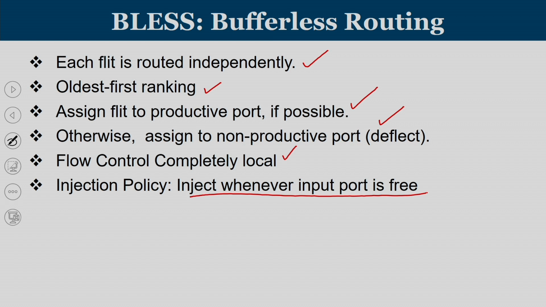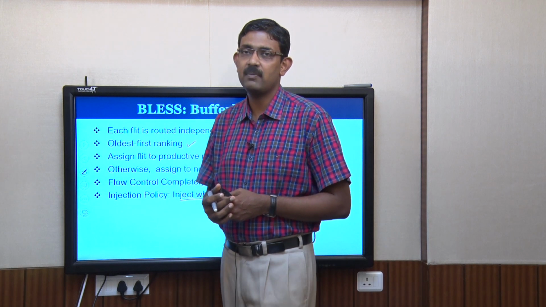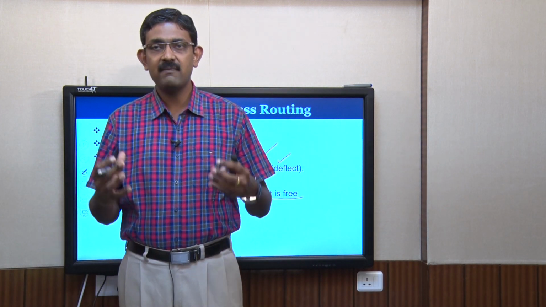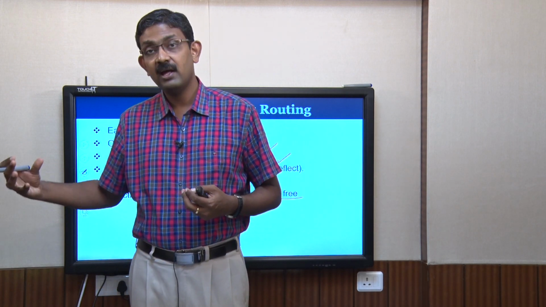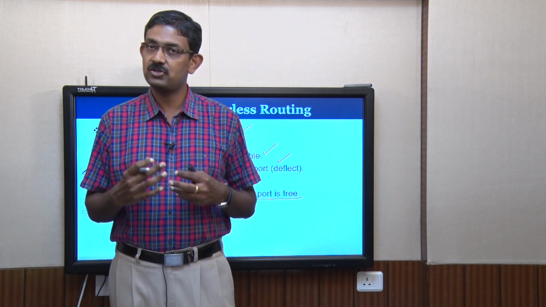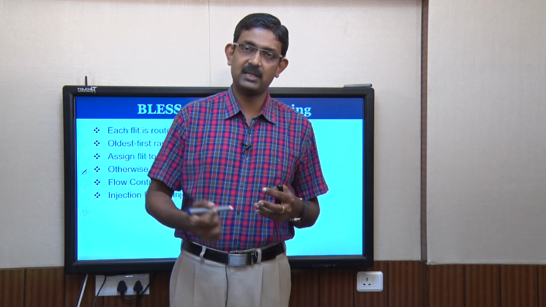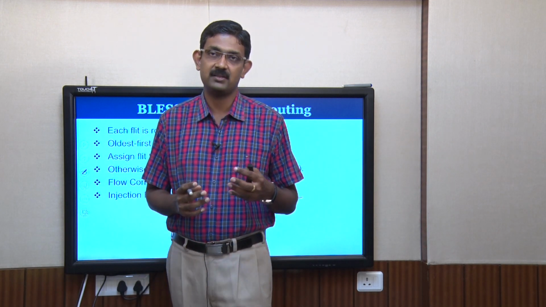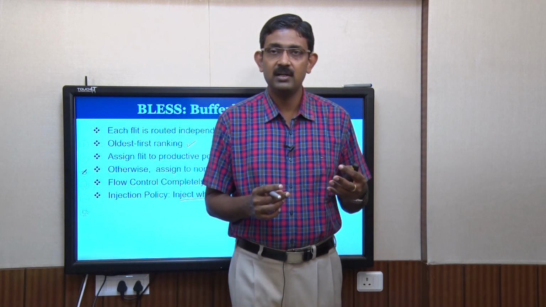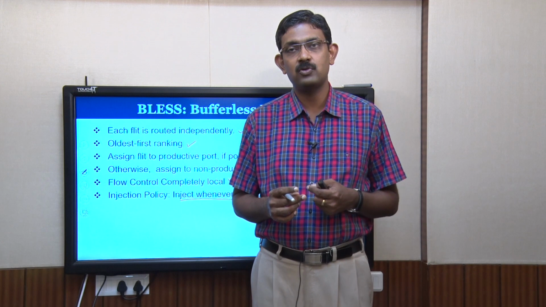When you have a router with 4 neighboring directions connected, and a local flit is to be injected, that injection is possible because it should get one of the 4 neighboring directions. But when 4 flits are coming from its 4 neighbors and a local flit is to be injected, it is not possible, because the locally injected flit has to get one among the orthogonal directions, north, south, east or west. So, local injection is possible only if one of the input channels is idle.